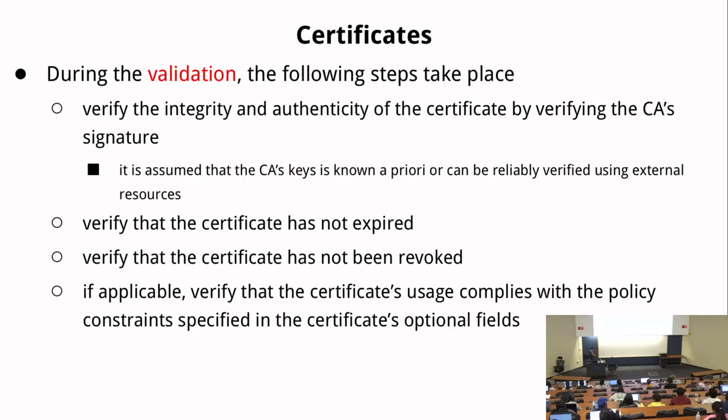So for our browser, when we get the certificate from the website, what the browser does is verify the integrity and the authenticity of the certificate by verifying the signature.